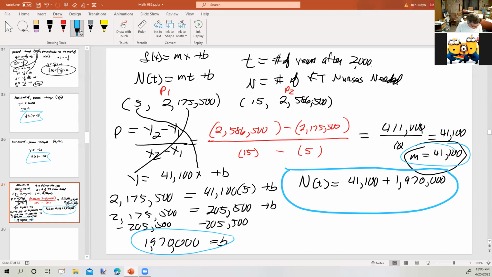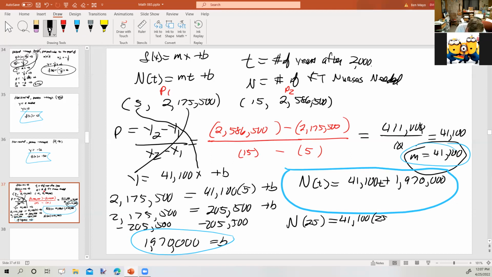Part B says use your answer to part A to predict the number of full-time registered nurses that will be needed in 2025 if the trend continues. All right, the year 2025, T would be 25 because it's 25 years after the year 2000. So what they want us to find is N of 25, which would be 41,100 times 25 plus 1,970,000. I left a T off of here, my bad.